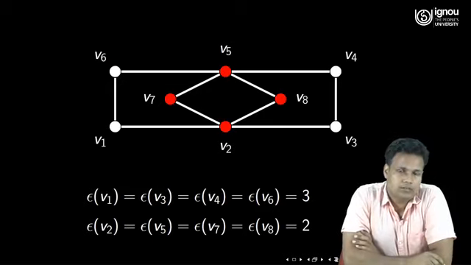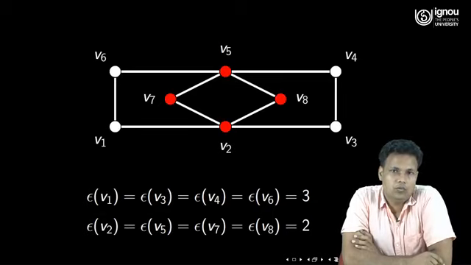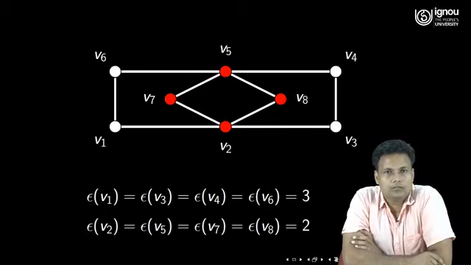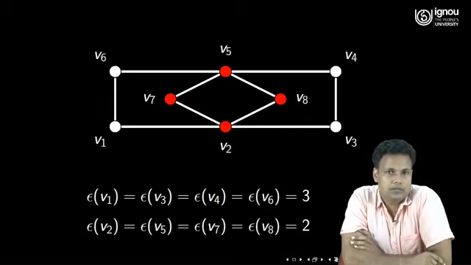For instance, look at this graph. The vertices v1, v3, v4 and v6 have eccentricity 3, because for instance, just consider the vertex v1. The maximum distance from v1 to any other vertex is 3. You can see that v1 and v4 are a pair which are at a distance of 3.